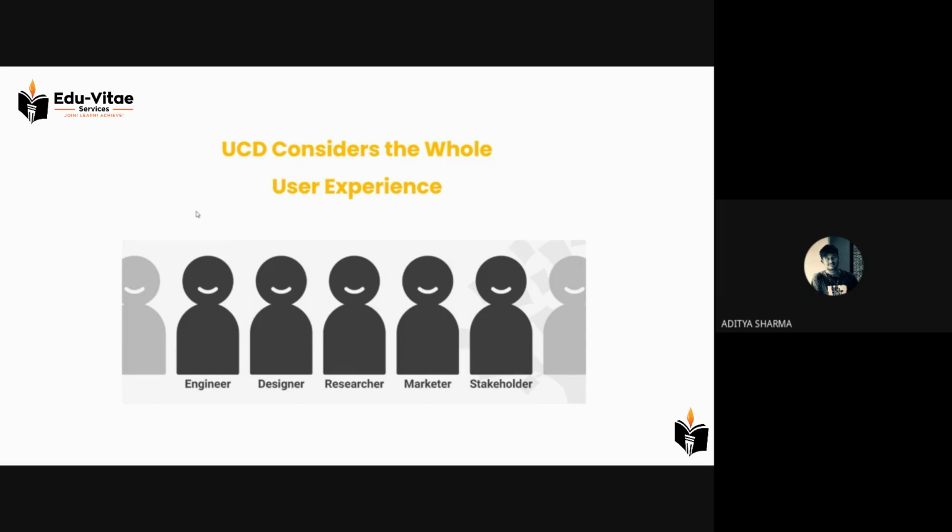The marketer will tell you what is working in the market according to the user need, and the stakeholder will be the person who will be pushing your design to the larger audience, right? It happens like that, right?